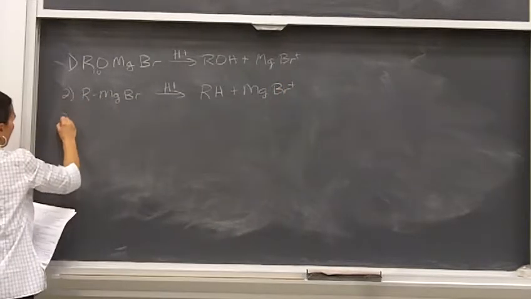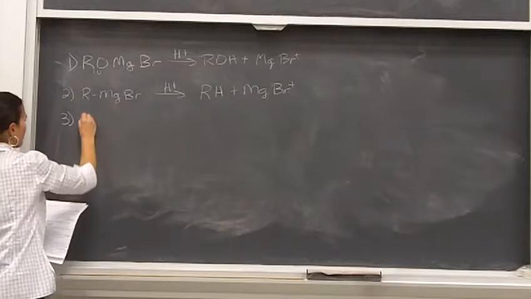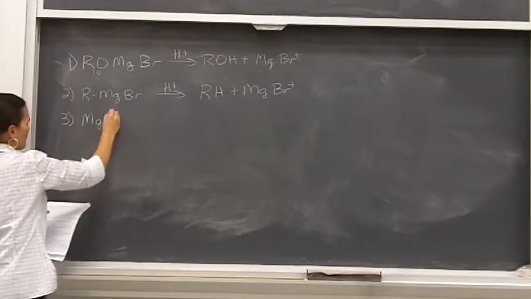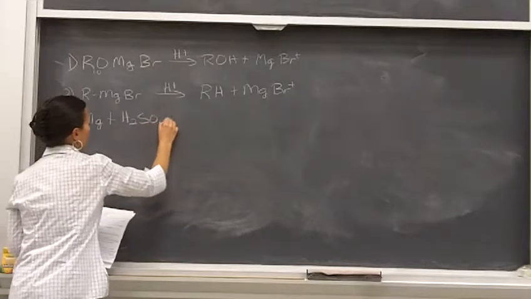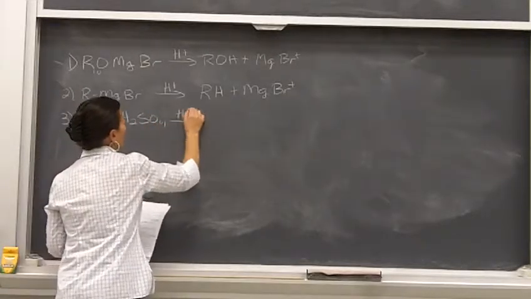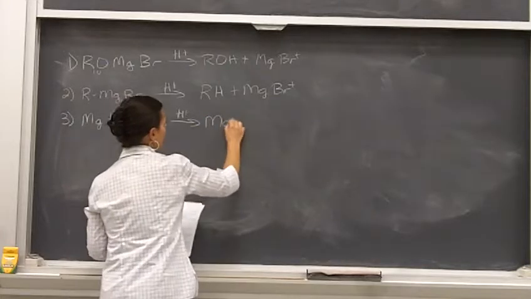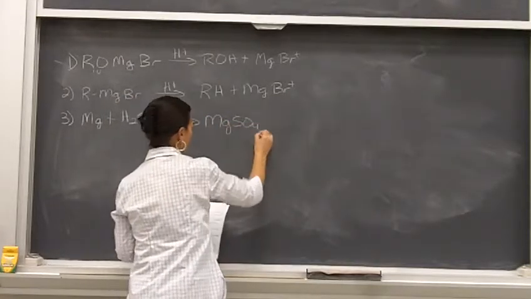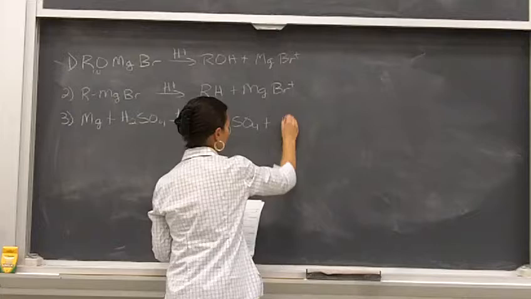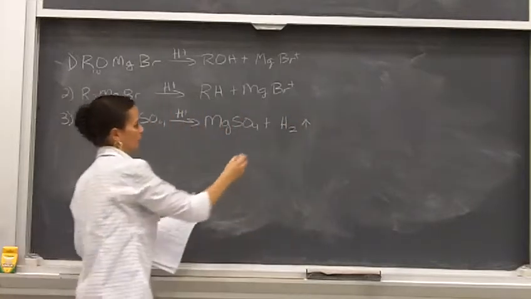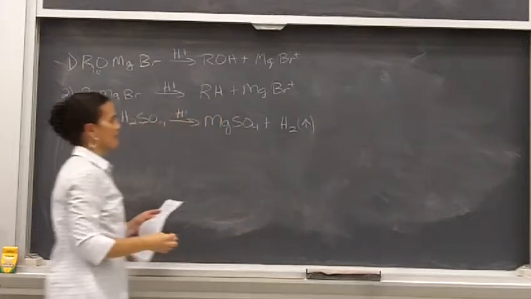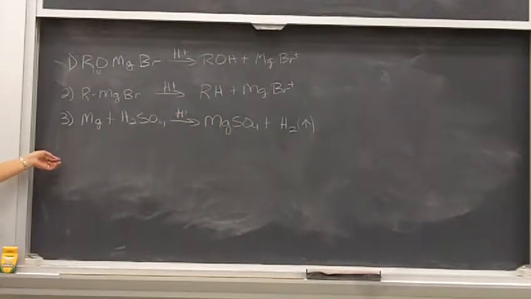Now, the white solid comes from leftover magnesium that didn't react in the first step, reacting with the sulfuric acid. What we make is magnesium sulfate. That's what that white solid is. And then the bubbling is the H2 gas that's being given off. Okay? So all these things are going to be happening in the workup.